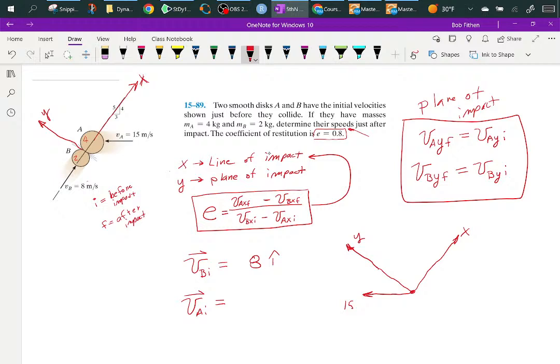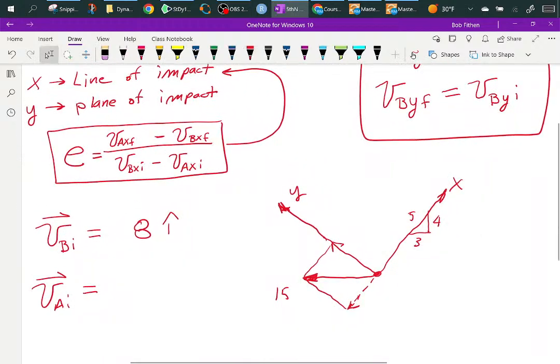And I've got 3, 4, and 5. So I got a velocity here, I got a velocity here. Sorry, my lines are squiggly, but hey. Gosh, that looks ugly.